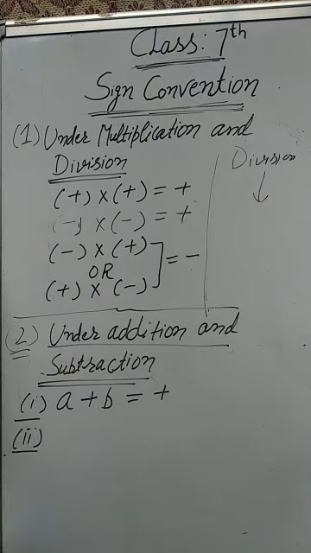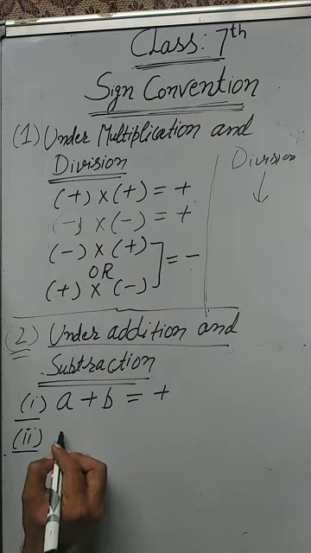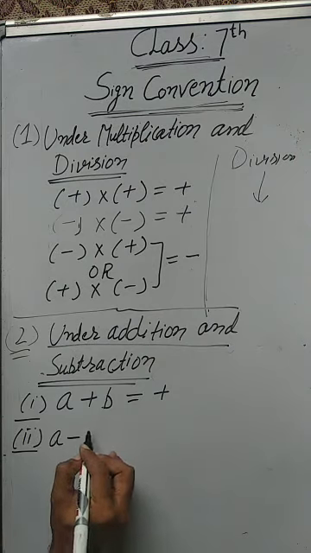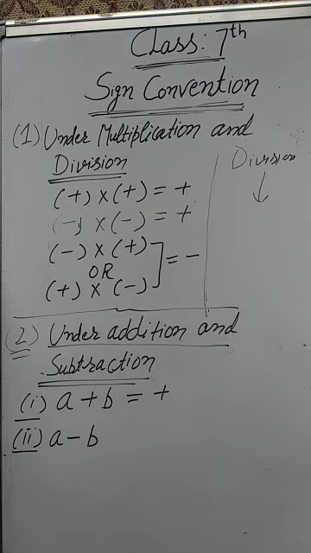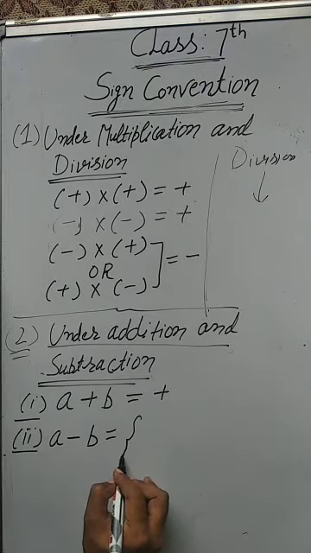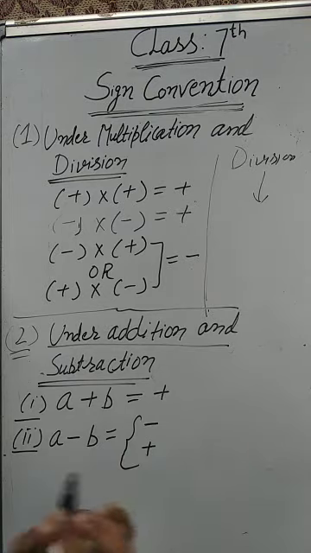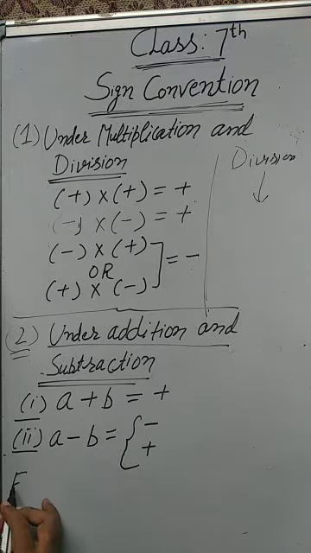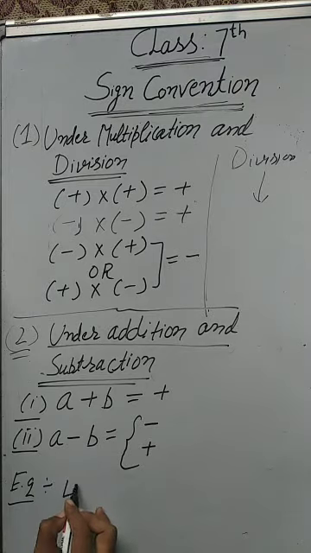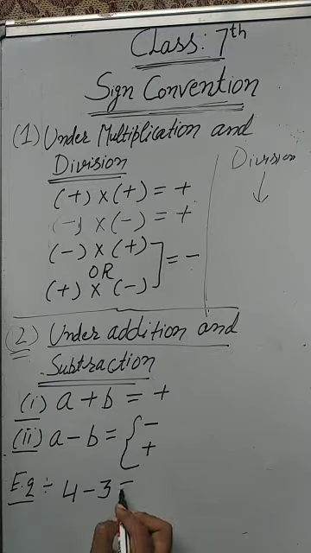And second sign convention beta, if you subtract two numbers, like A and B are two numbers, you are subtracting B from A, then your final answer may be a negative value or maybe a positive value, depending upon the condition. For example, if here A is equal to 4 and B is equal to 3, then 4 minus 3, you all know that 4 minus 3 is equal to 1.